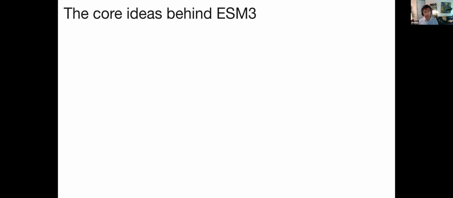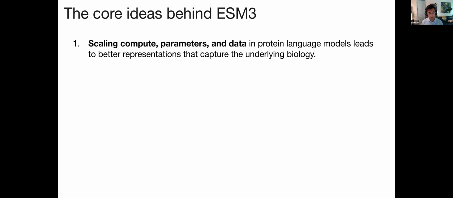In particular, there are a couple of core ideas behind ESM3. The first one has been behind this team for many years: the idea that scaling compute, parameters and data can lead to better representations that better capture the underlying biology. One example for ESM3 is that we sought to scale things like metagenomic data.